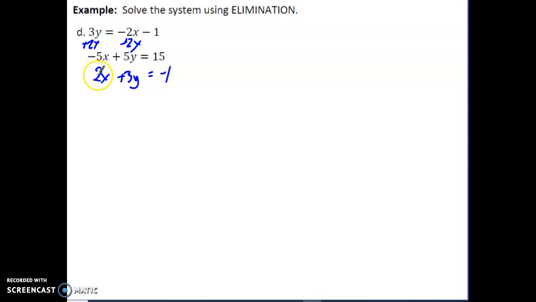All right, well, this time I'm going to choose to eliminate the x's because the signs are already opposite one another, and I'm not going to have to worry about distributing a negative. Okay, what will 5 and 2 both go into? Well, 5 and 2 will both go into 10. So to make the top one a -10, I'm going to multiply by 2. To make the bottom one a +10, I'm going to multiply by 5.